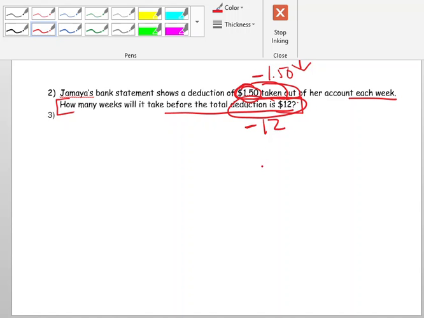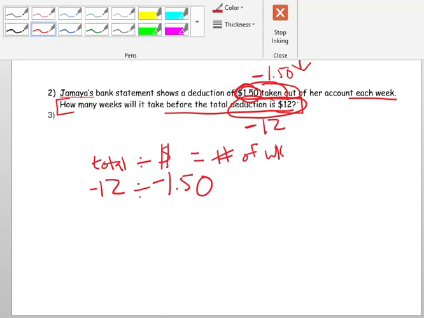of $12, okay? So I have my total that I'm looking for, which is negative 12, okay, divided by the amount of money each week, which is going to be negative 1.50, all right, and that's going to give me the number of weeks, okay, which is what I do not know.